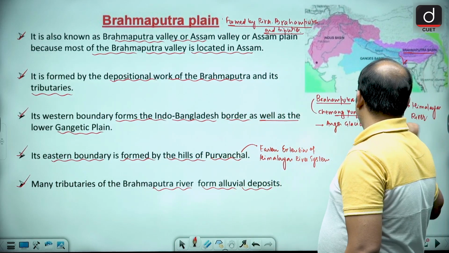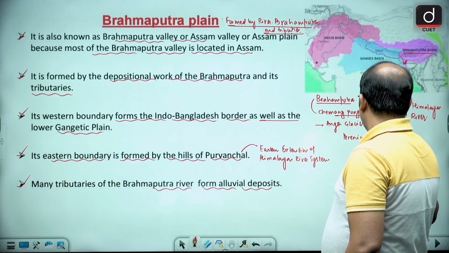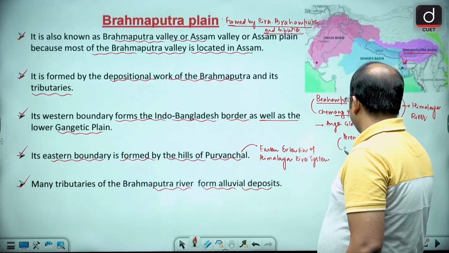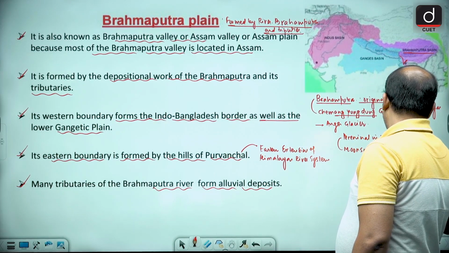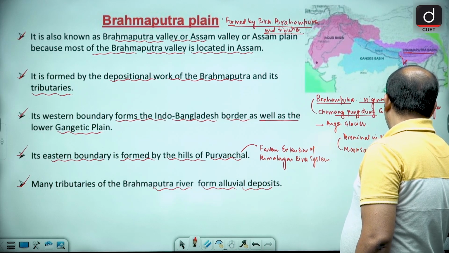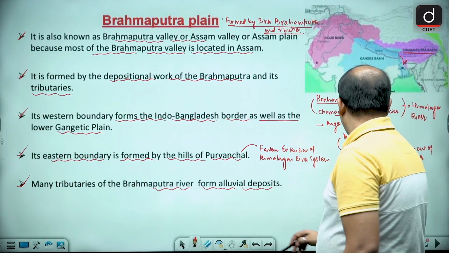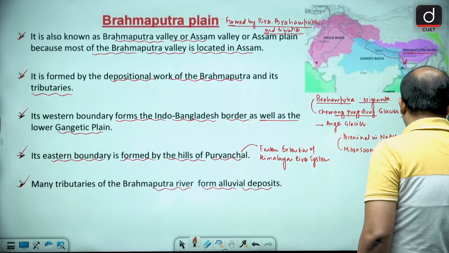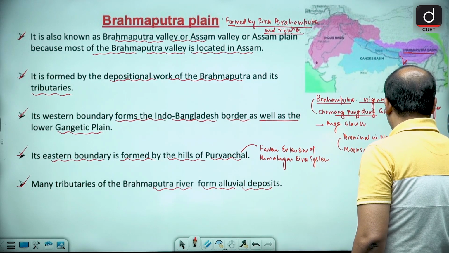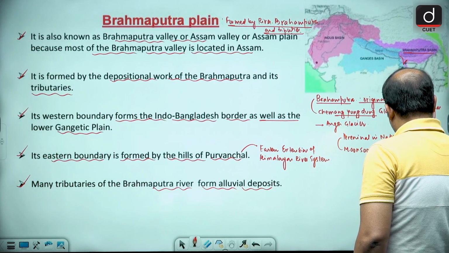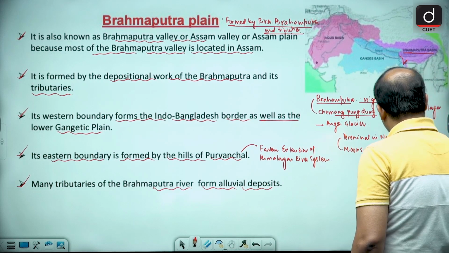Since it is a Himalayan river, it will be perennial in nature, plus due to the monsoon there will be a huge amount of water in the river, due to which flood is common. Flood is a common phenomenon, guys.